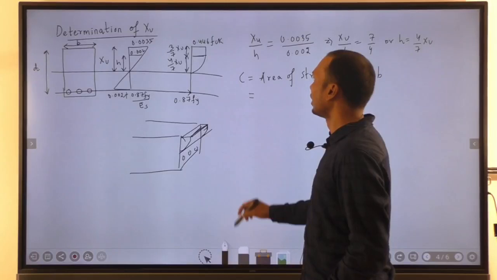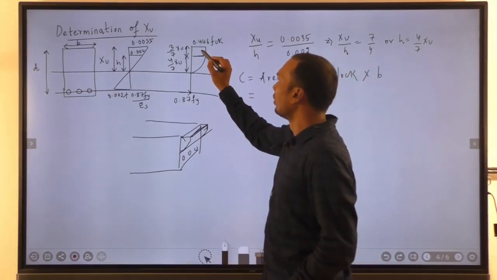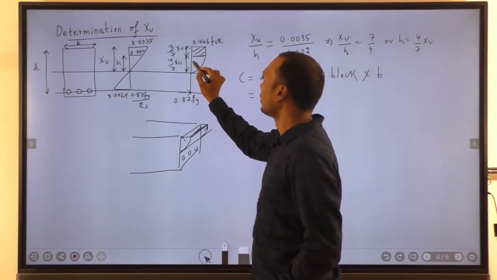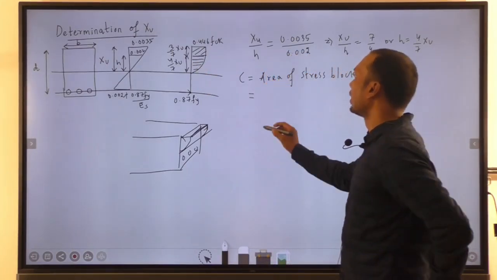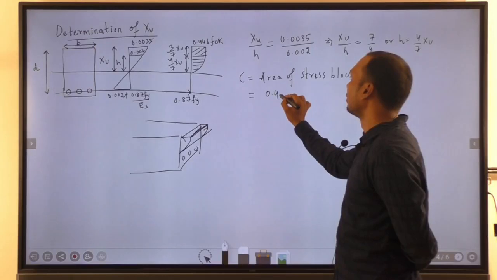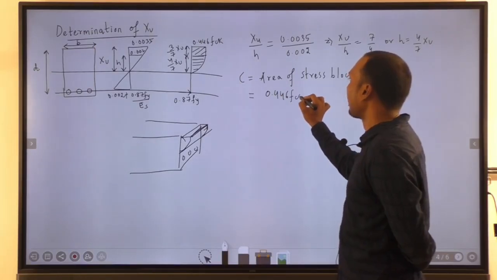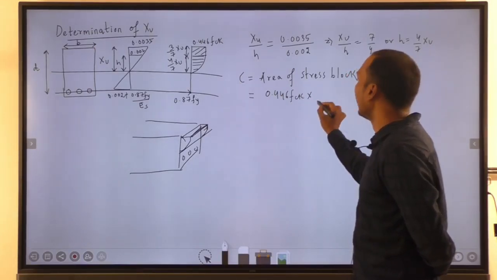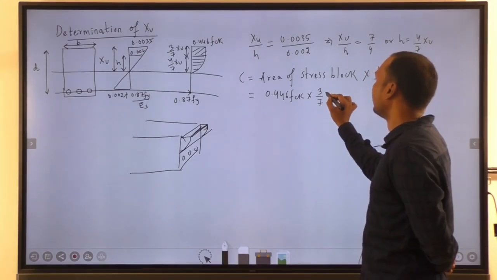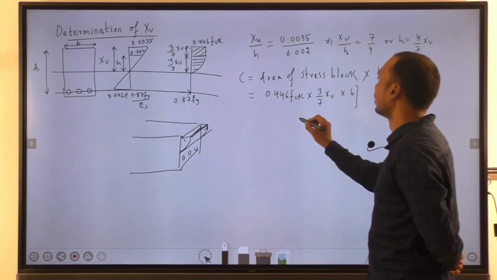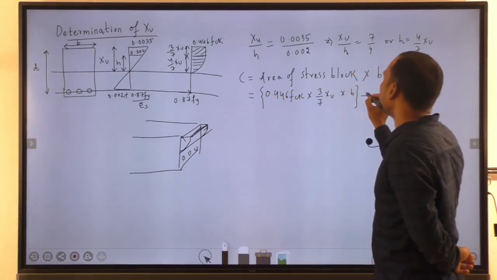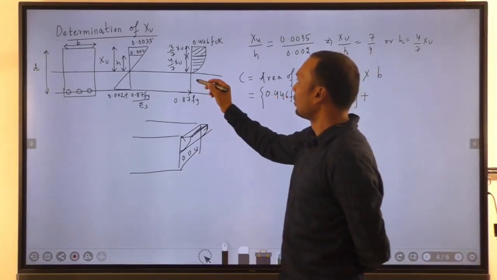To get the area of the stress block, we have two parts. First is the rectangular part and below is the parabolic part. The rectangular part area is very simple, 0.446 fck multiplied by 3 by 7 of Xu multiplied by the width of the beam, plus the area of the parabolic portion.